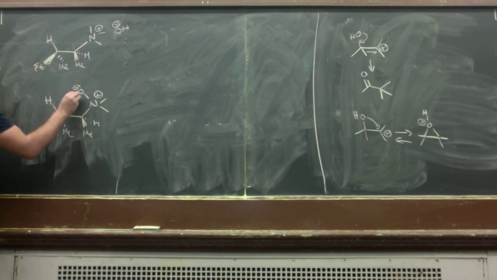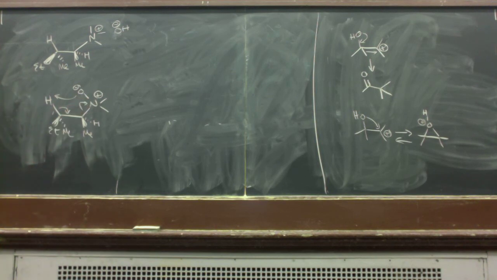And so again, in this transformation, what's going to happen is you're going to pluck that proton off, making the double bond, and then your leaving group leaves. So it's effectively the same thing, except your base is kind of like the nitro, sort of internal. Okay? So when we do this elimination, everything that's on the same side during the elimination is going to be on the same side in the product.